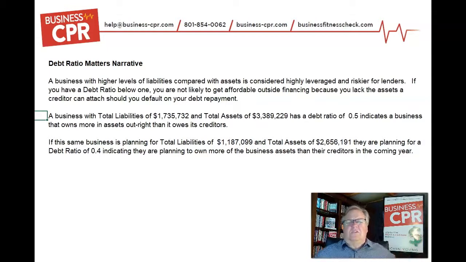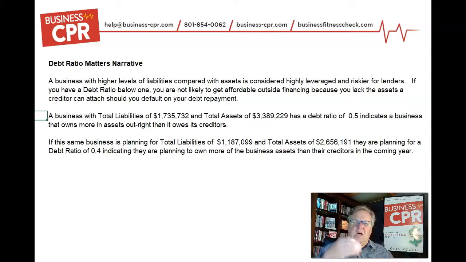But they want to get rid of more debt. In fact, this client is actually selling off assets that aren't generating income. And so what you see in the plan year is they're going to reduce their total liabilities by about $600,000, and they're going to reduce their assets by about $700,000.